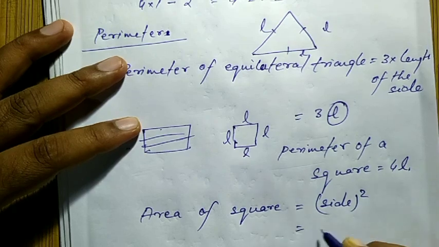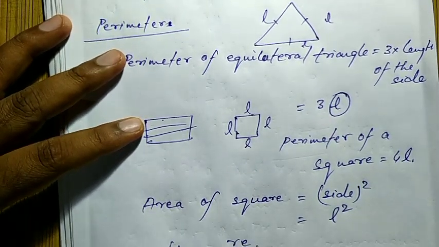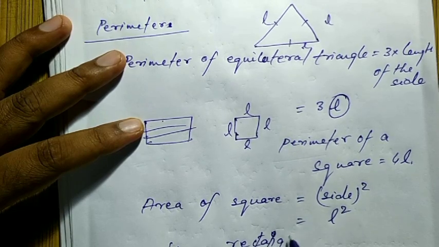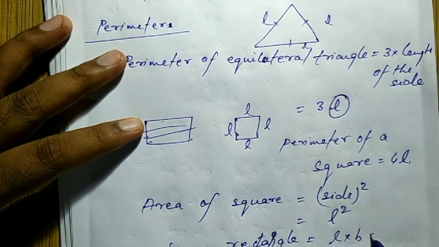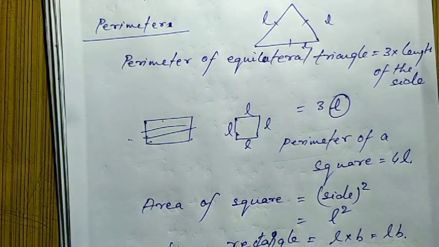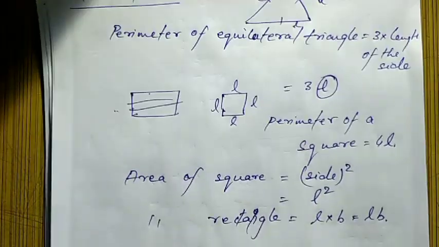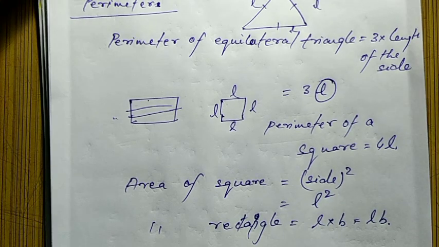Side square, that is L square. Area of a rectangle is L into B. Like this you can make so many formulas by using algebraic expressions.